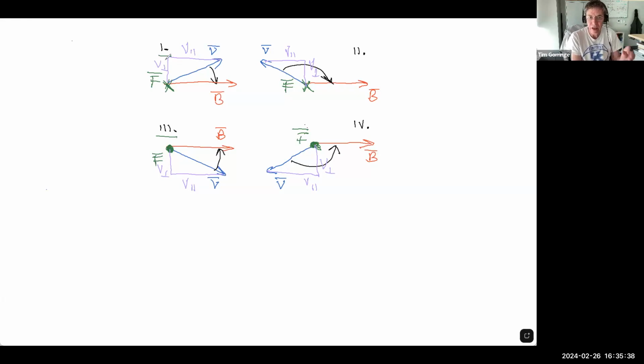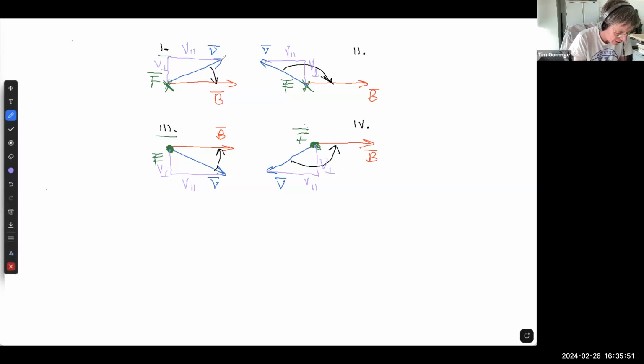By parallel and perpendicular, I mean the components of the velocity vector that are parallel and perpendicular to the magnetic field. So, for example, all these V parallels, this line here is parallel to the magnetic field.